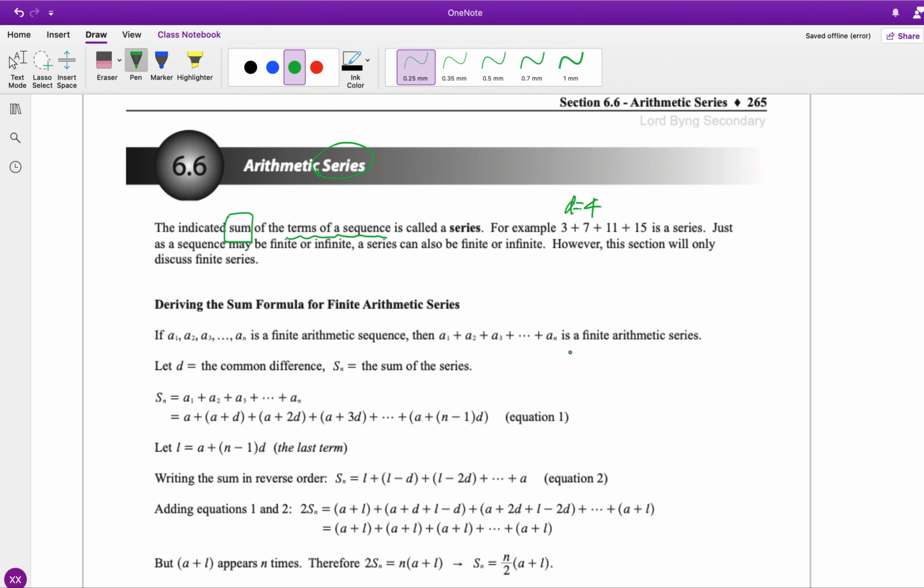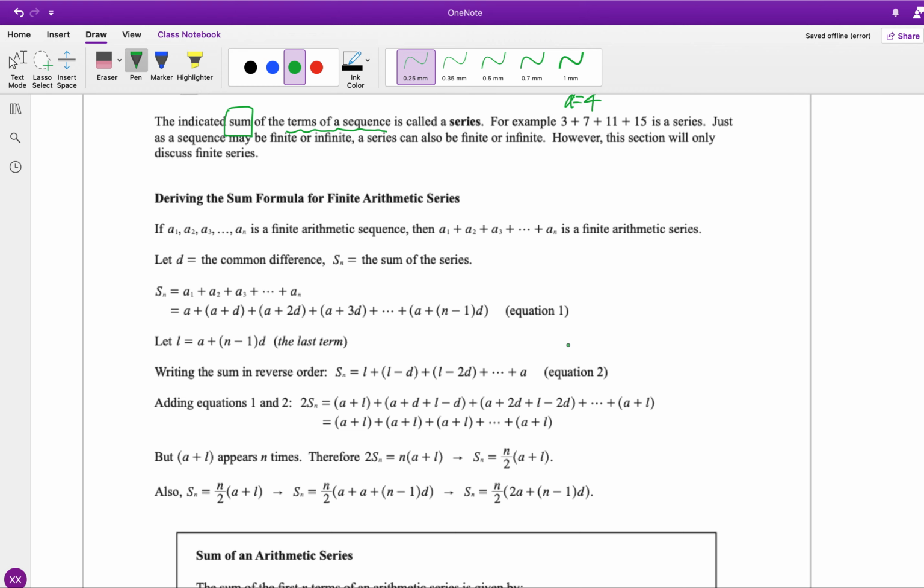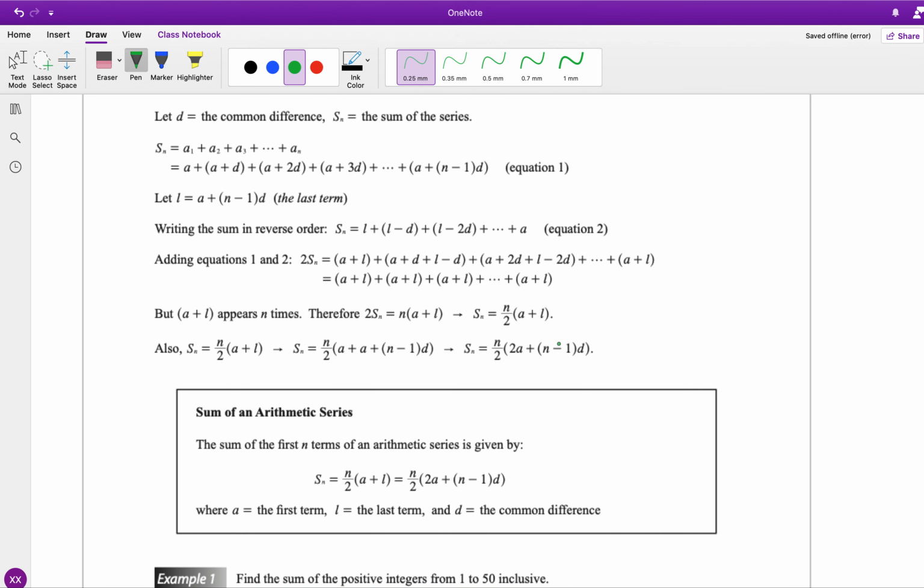As I said before, the most interesting thing is to understand how this formula came about. Otherwise, this section has no meaning to me, because you just plug in: how many is n? What is your first term? This is your first term.